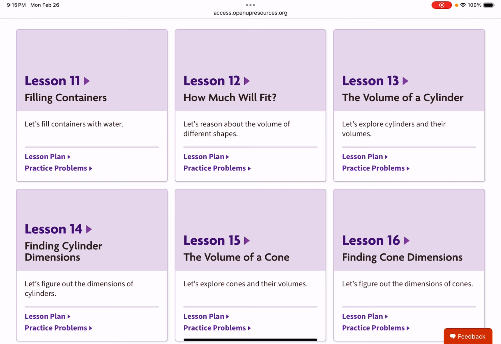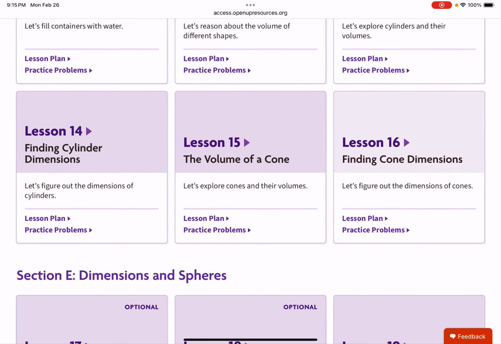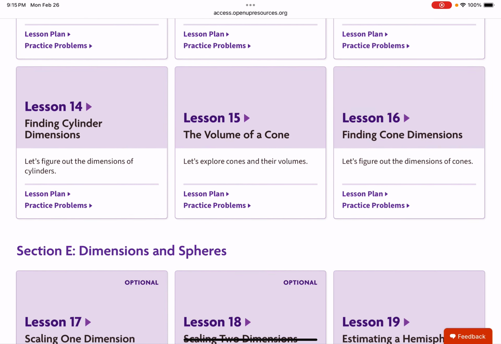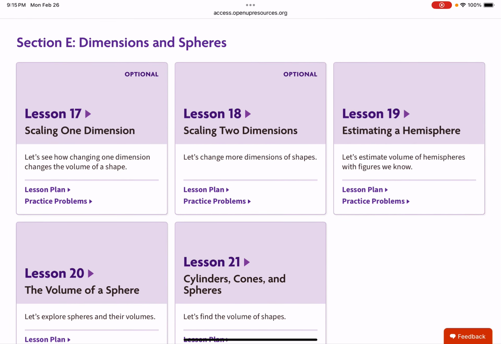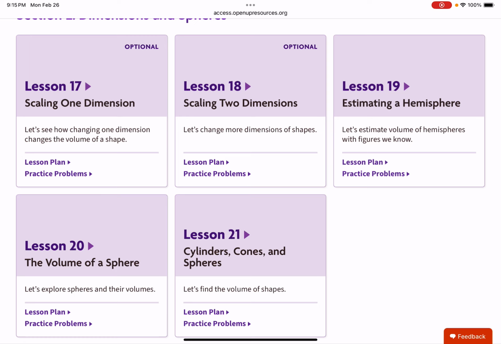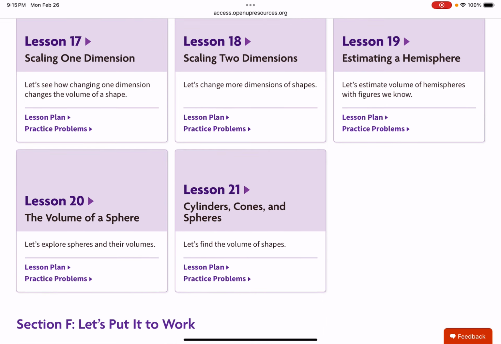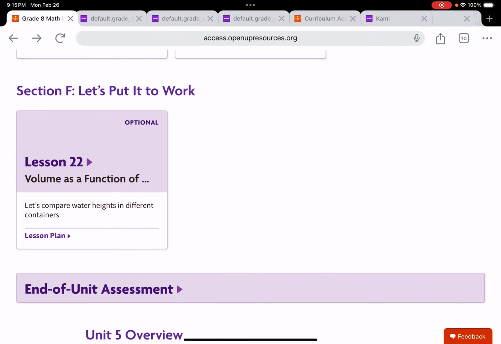You'll notice filling containers, how much will fit, volume of a cylinder, finding cylinder dimensions, volume of a cone, finding cone dimensions, scaling 1 dimension, scaling 2 dimensions, estimating a hemisphere, which is half of a ball, the volume of a sphere, and finally cylinders, cones, and spheres all together and putting it all to work.